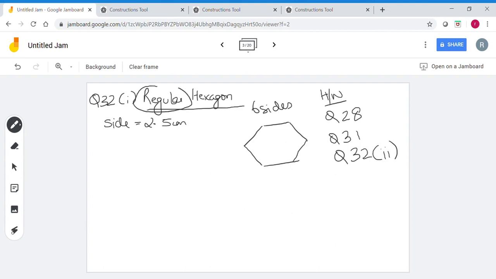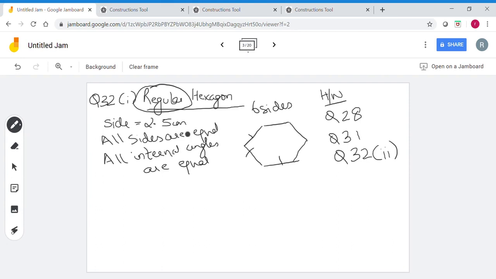What does regular mean? Regular means that all sides are equal and all internal angles are equal. So all sides are equal and all angles are equal.